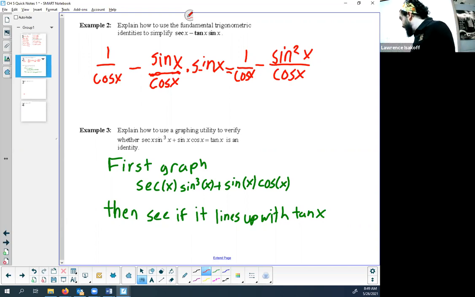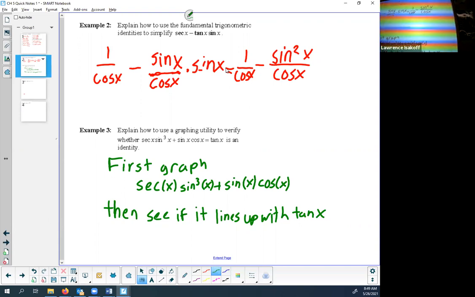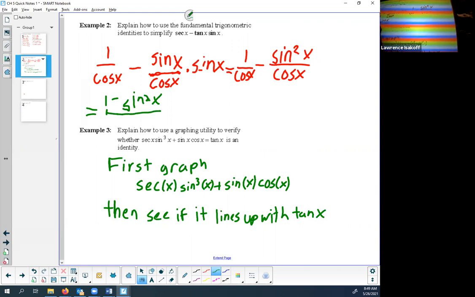That's actually really handy for me. So since they're common denominators, I'm allowed to combine the numerators to 1 minus sine squared of x all over cosine x.